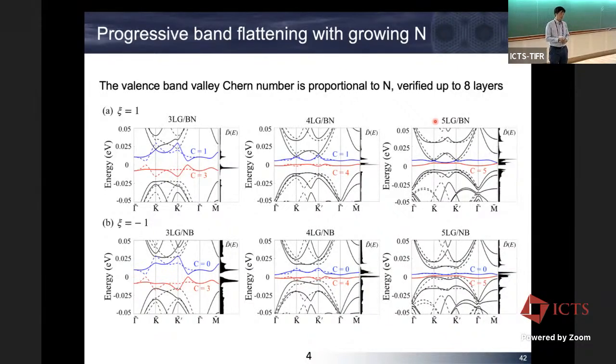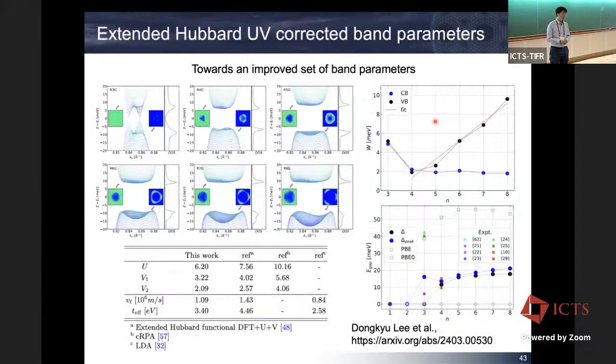One last thing that I wanted to mention is that we have proposed these tight binding band parameters of rhombohedral multilayer graphene systems based on LDA calculations, but one can always try to improve this kind of prescription by adding Coulomb interactions, let's say extended Hubbard-like models, following recipes proposed by Agapito, Cococcioni.